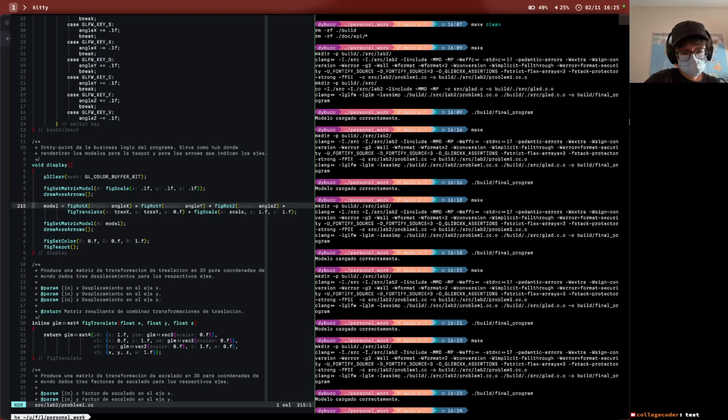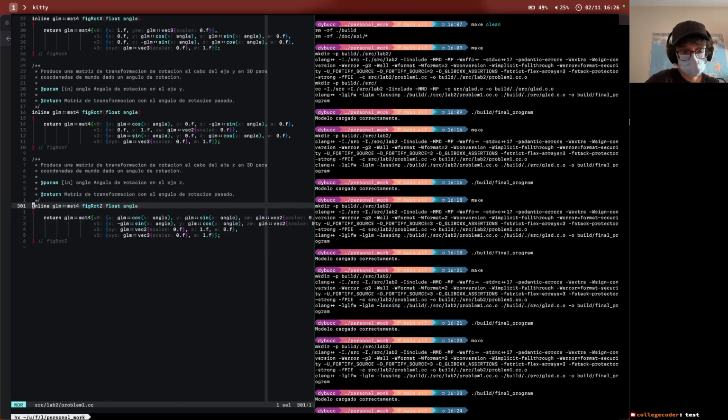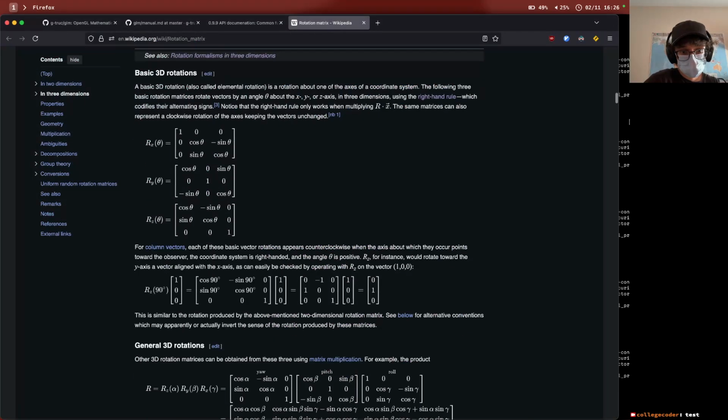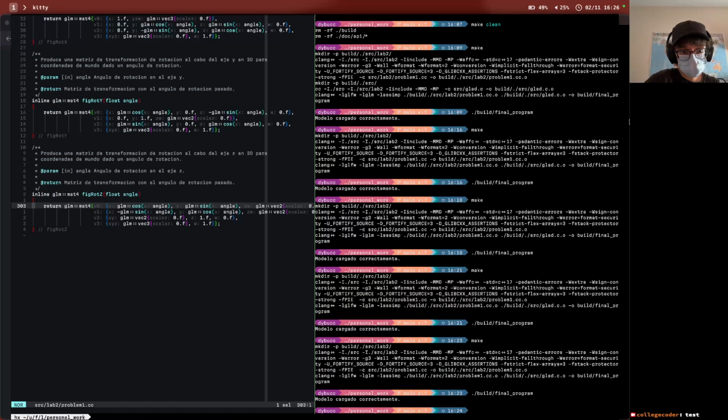Still odd. Still really odd. Maybe it's some other rotation I'm getting wrong. Pretty confident I did not get that one wrong.